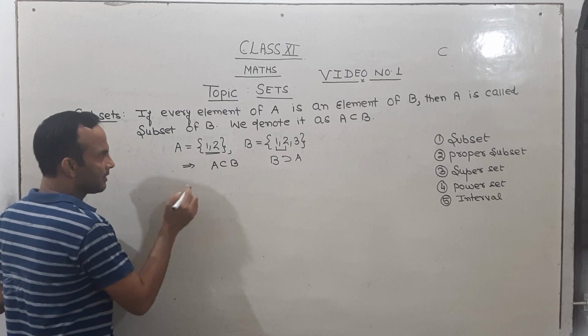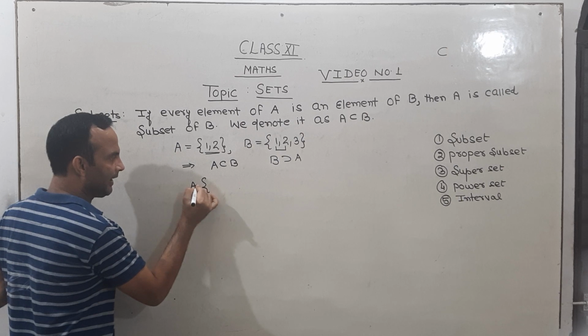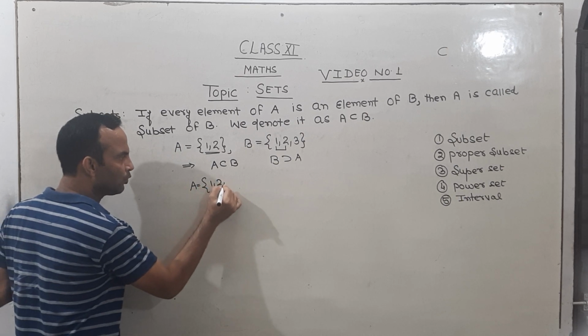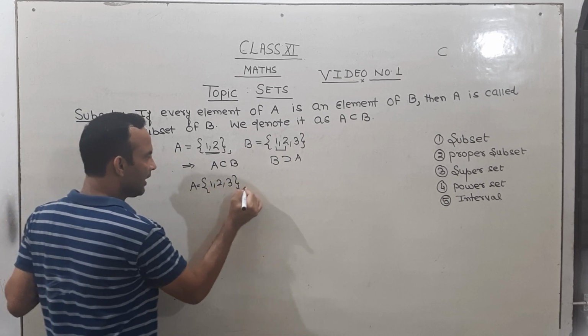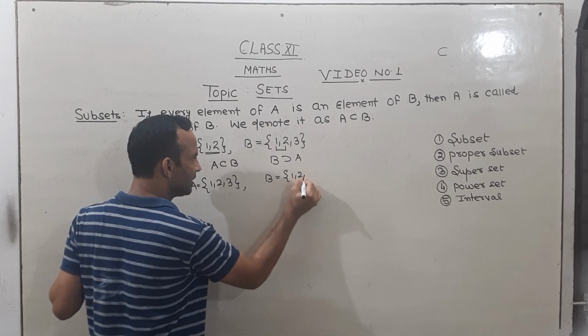My dear students, I am going to take another example. Let us suppose that A is equal to 1, 2, 3 and B is equal to 1, 2, 3.